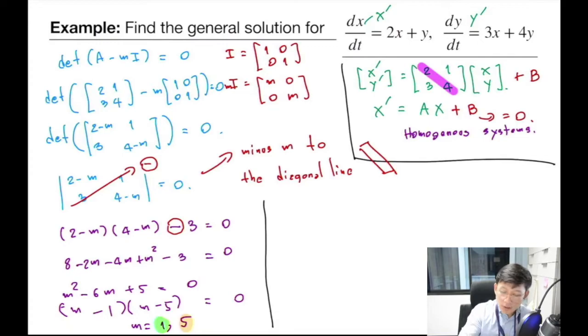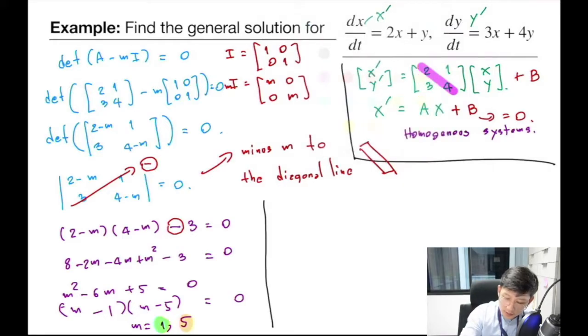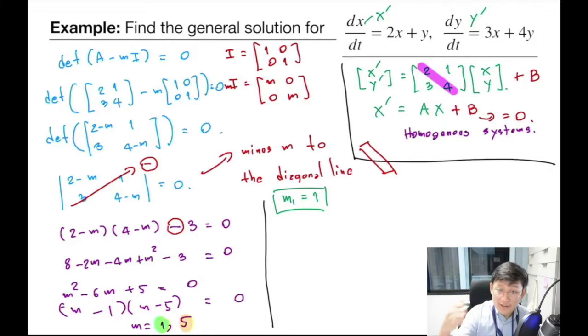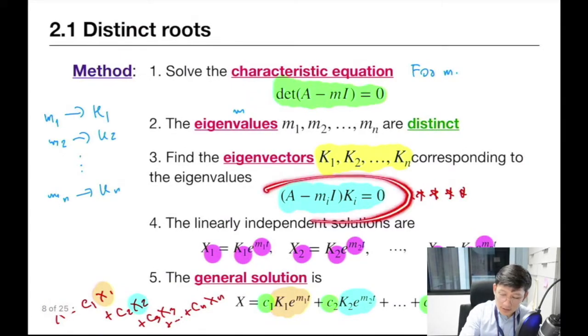So if I say that M1 is 1, I want to find k, the eigenvector. Let's say we want to find k1. And we can find k1 using this equation.